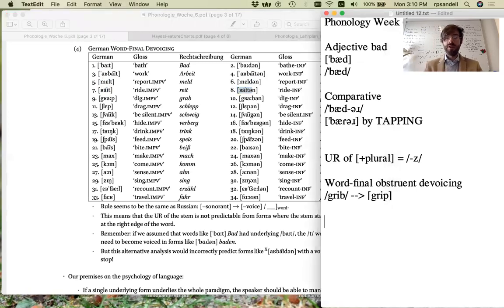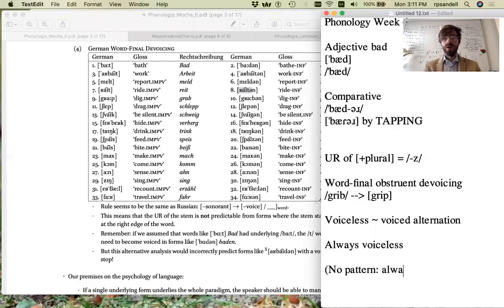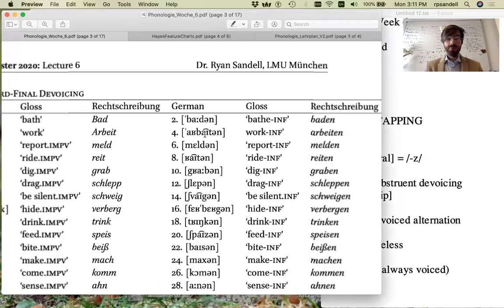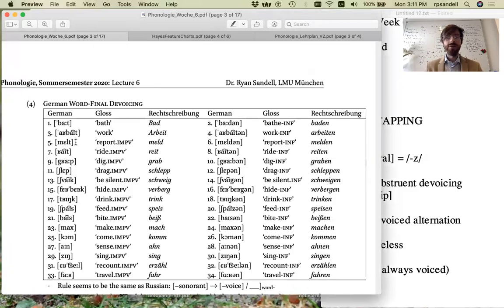So the fact that the patterns are either voiceless-voiced alternation, or always voiceless, and that we don't find any pattern of stops that are always voiced, shows us that it is the alternating pattern that needs to be derived by rule.